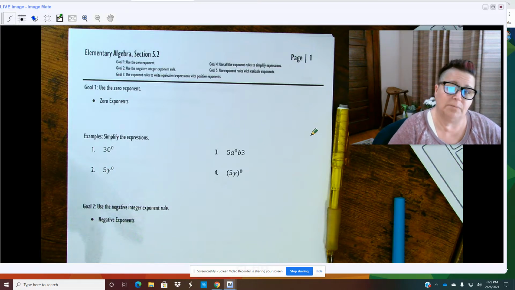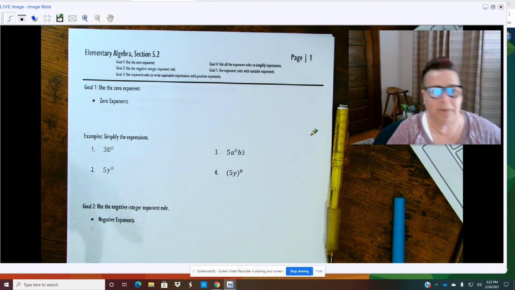Let me try and explain the patterning to you.